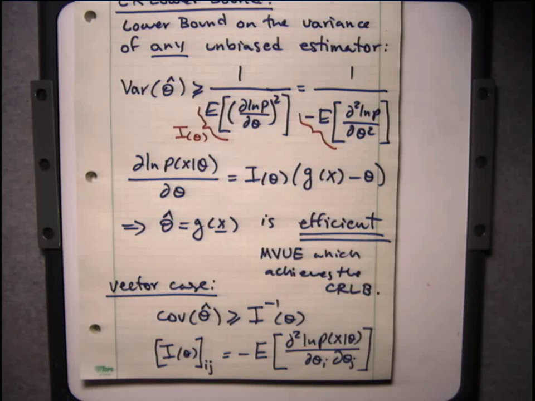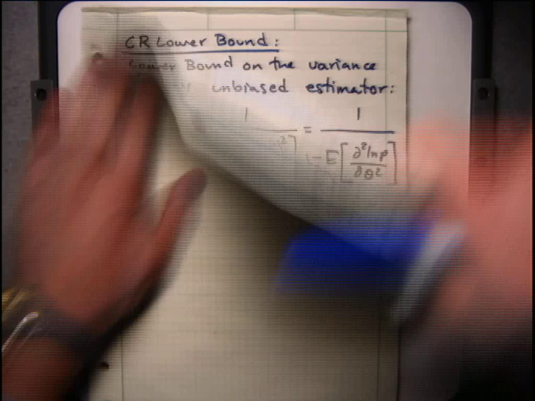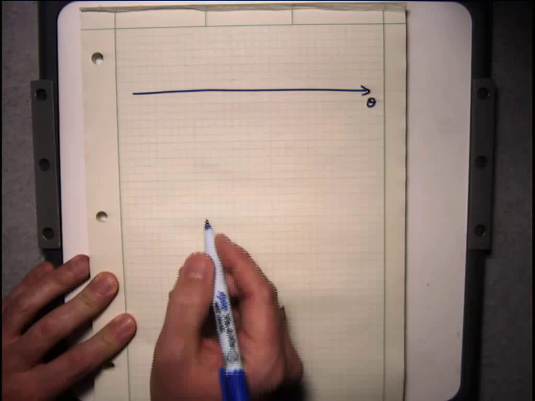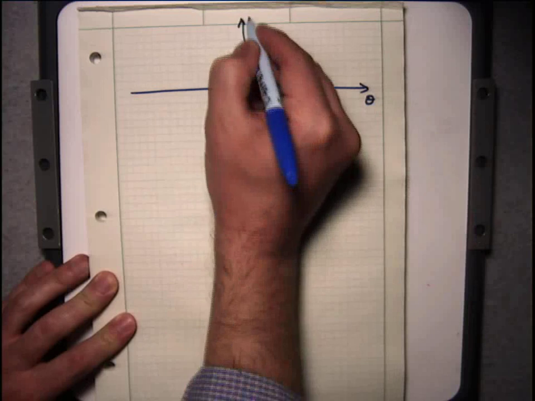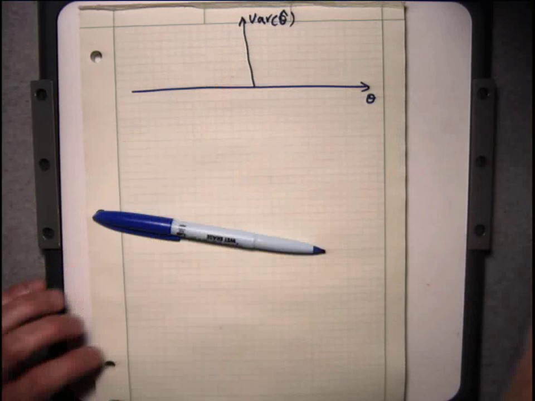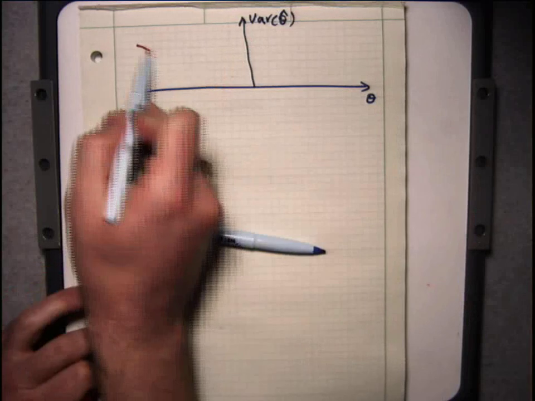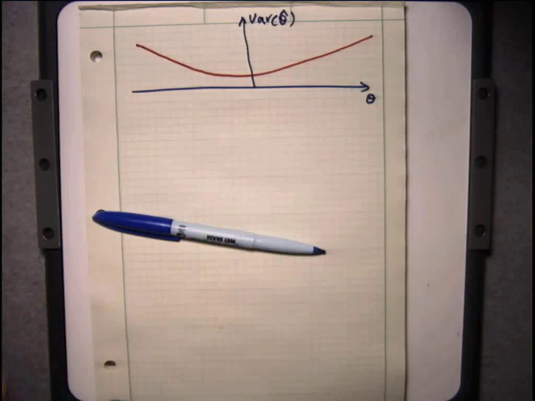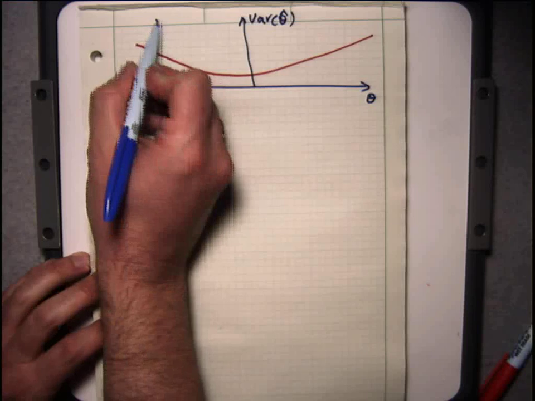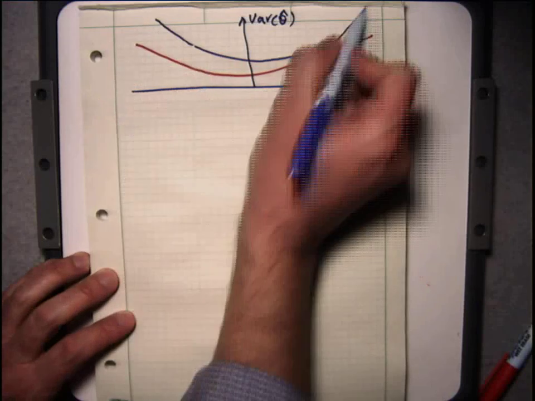Now what's going to happen is asymptotically, well, let me draw a picture to answer your question. You remember we drew a picture like this, so this is as a function of theta, and let's say this is the variance of theta hat for some estimator. So let's say the Cramer-Rao bound looks like this. I don't know what it looks like, but let's just draw something. And let's say for a particular estimator, we have this behavior.